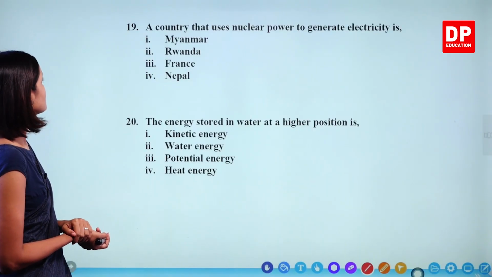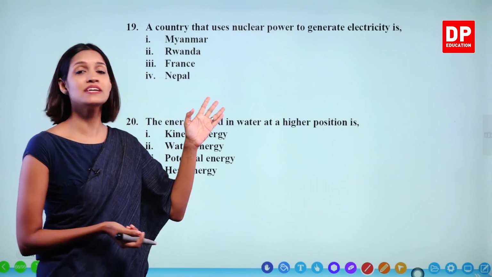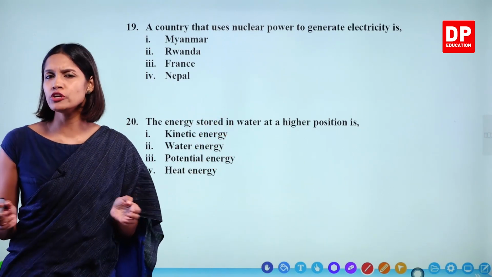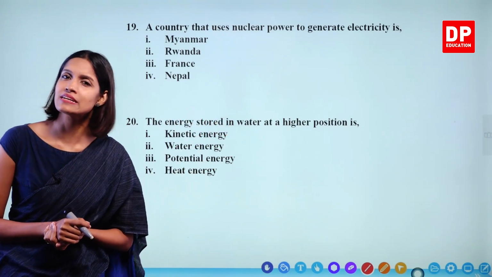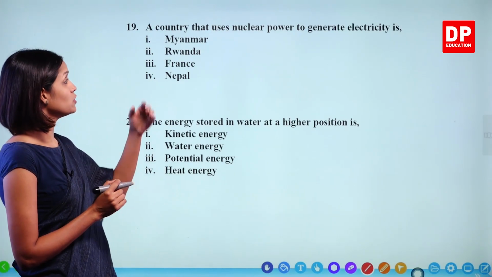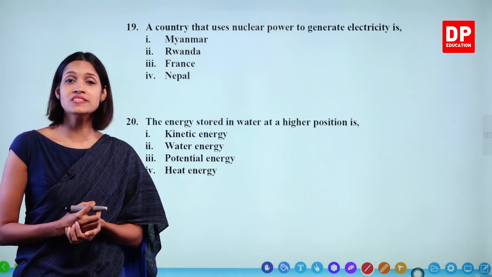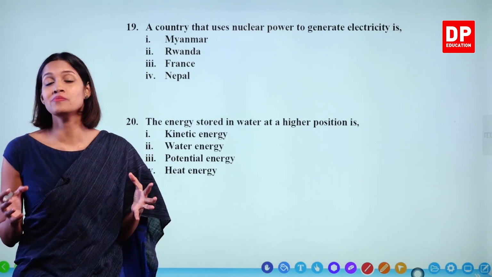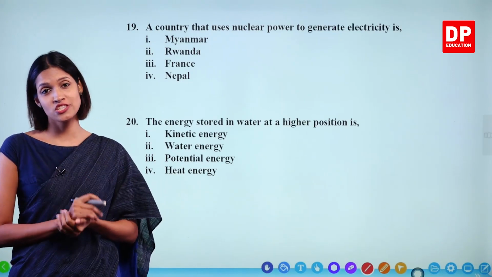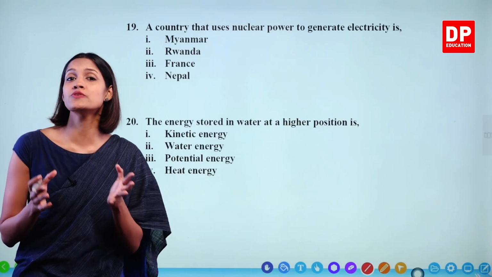Number 19. A country that uses nuclear power to generate electricity. How can we use nuclear power to generate electricity, children? Do you remember? I explained that in nuclear power plants, during nuclear reactions, a large amount of thermal energy or heat energy is generated. This heat energy can be used to produce steam.